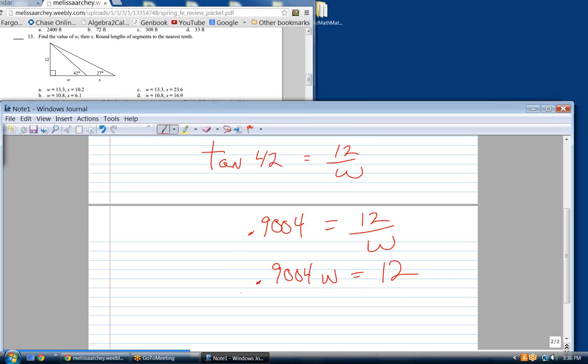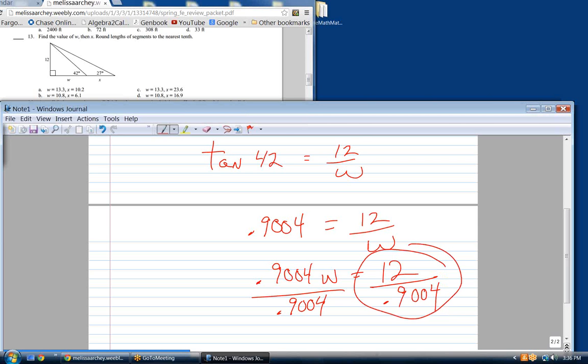Our goal here is to get rid of the coefficient on the W. Divide by 0.9004? Yes. In other words, if we divide by 12, that won't solve for W. But if we divide by this, the left side becomes W. W is equal to that. Okay?